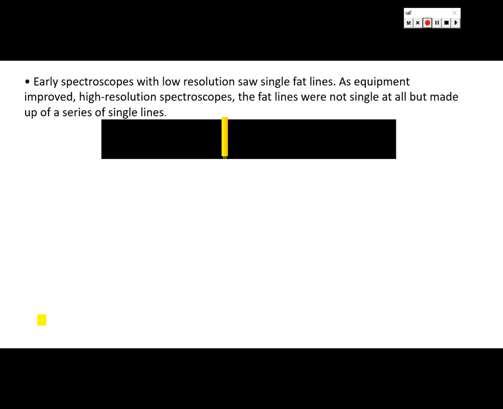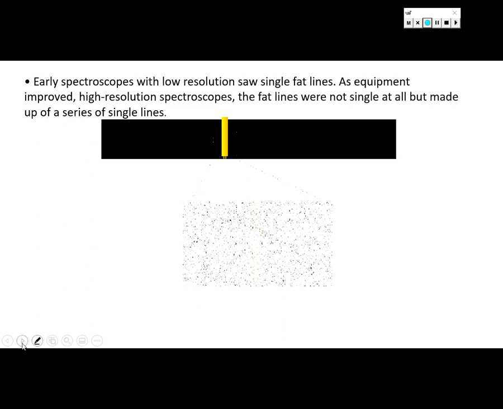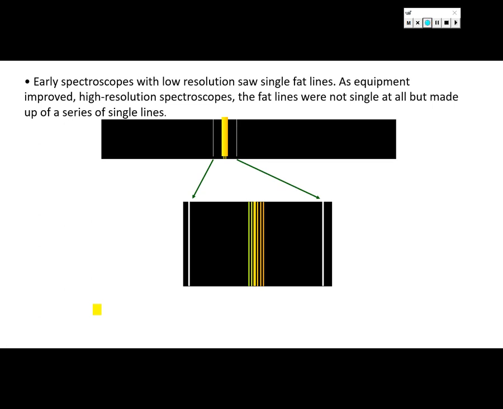And then when they got better spectroscopes, they noticed, well, no, there are these faint ones here that you couldn't see, and this fat one is actually 1, 2, 3, 4, 5, 6 lines. You were wrong, okay? So how can we represent 6 lines without having to do this every time, or drawing this super complicated Bohr-Rutherford diagram? So we needed something else. What the something else is going to be is the quantum numbers, and we'll do that tomorrow, okay?